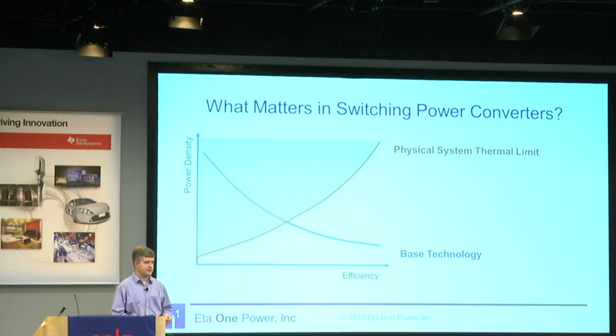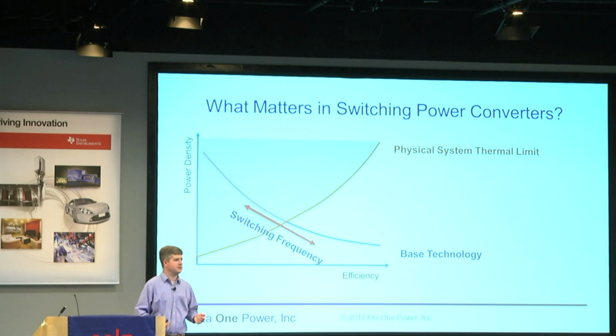Or to make your power supply more efficient, you have to make the components larger and your power density drops. That trade-off usually involves switching frequency. The faster you switch, maybe you're less efficient, but your supply can be made smaller. There's also a thermal limit: the smaller you make your system, the less heat it can dissipate just because of surface area.